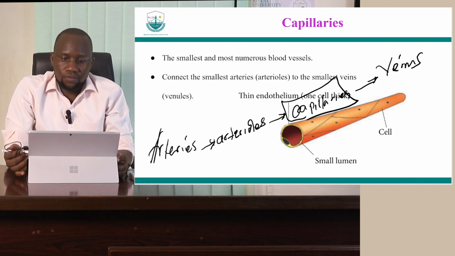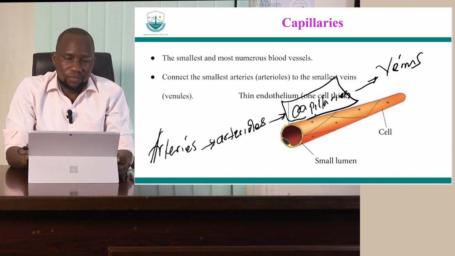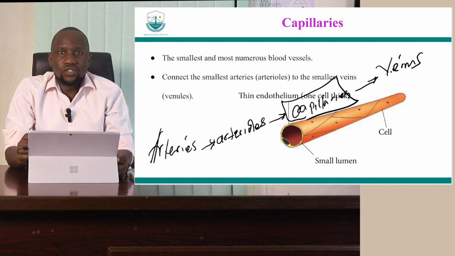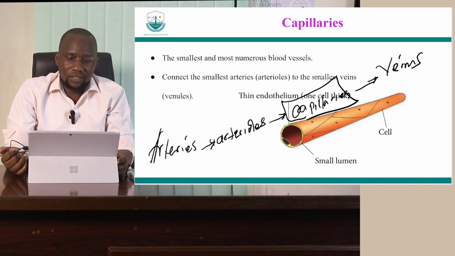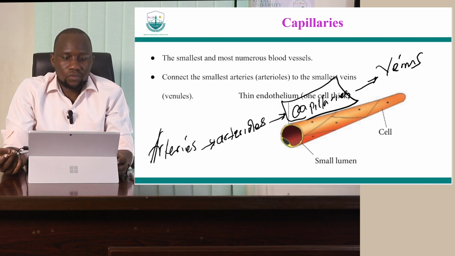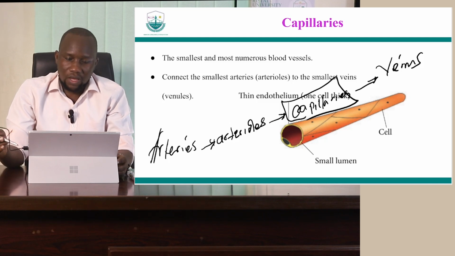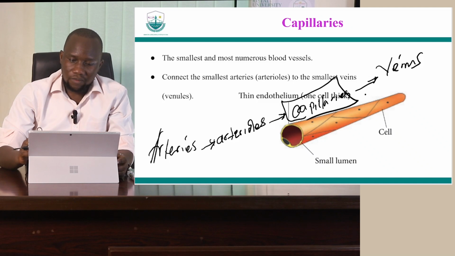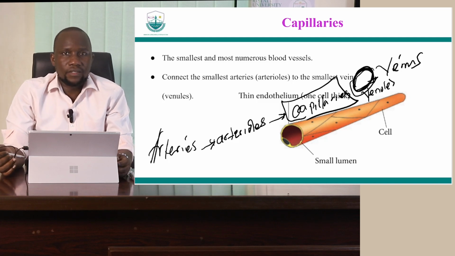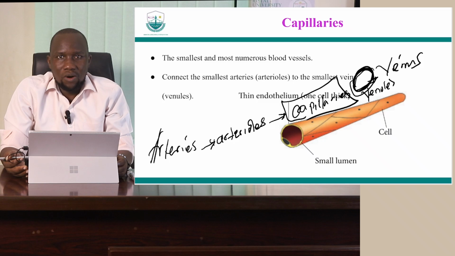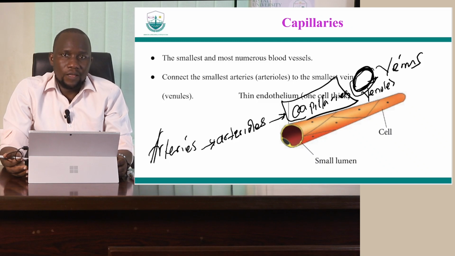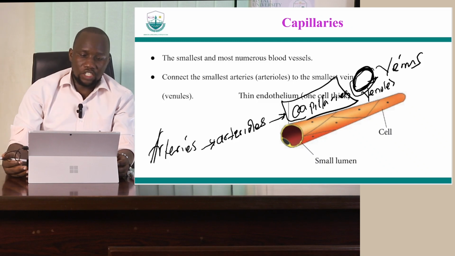The connection of capillaries to the veins also happens through small venules, here around this point. We will see this more clearly when we are talking about tissue fluid, how the tissue fluid is formed in the different tissues.